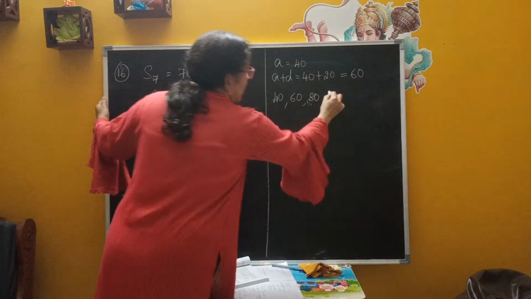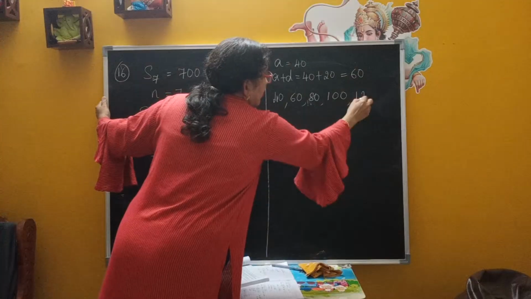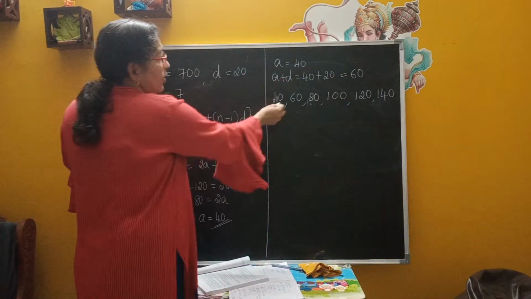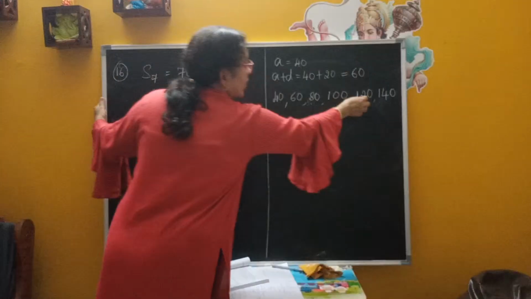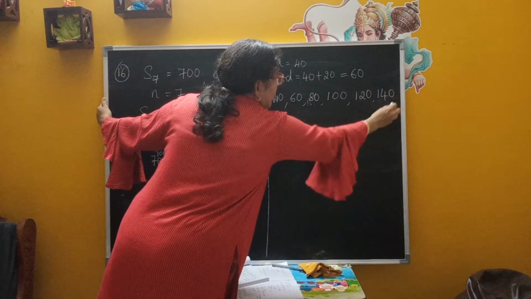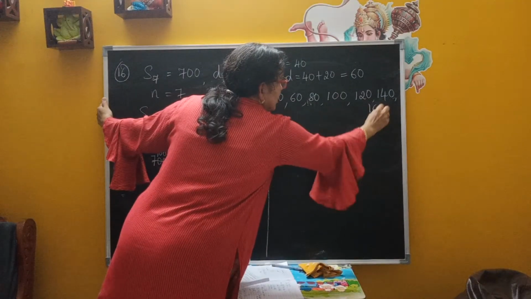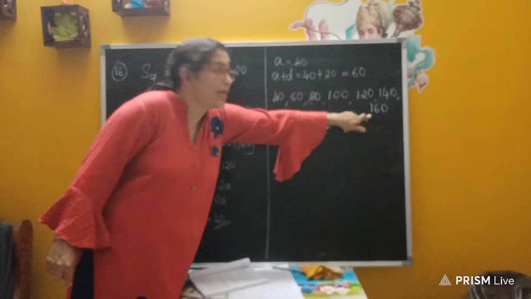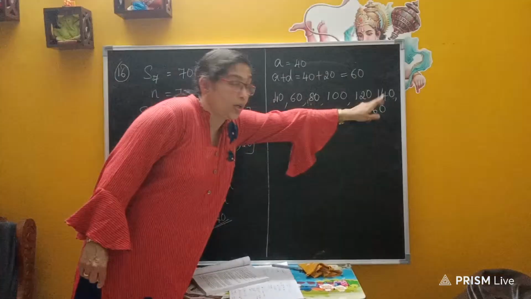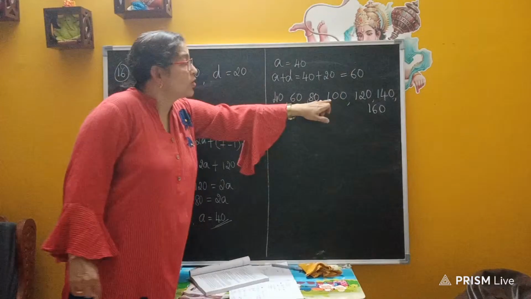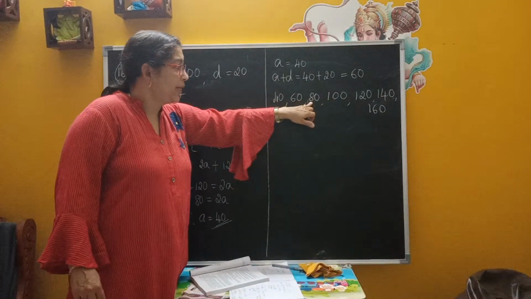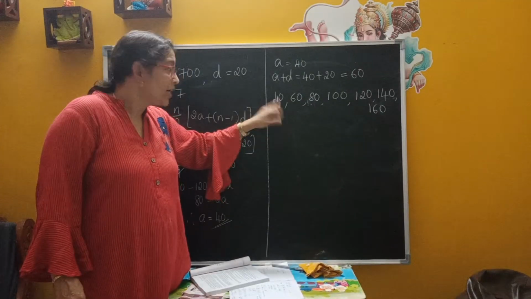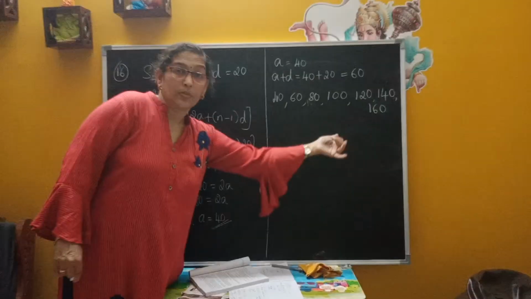Next 100, next 120, next 140, and the last, the topper, will get 160. So in decreasing order: first prize 160 rupees, second prize 140, third prize 120, fourth prize 100, next 80, next 60, and for the 7th place, he or she will get 40 rupees. So this is the AP.